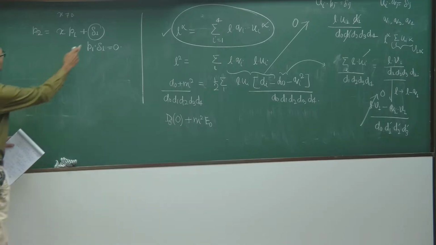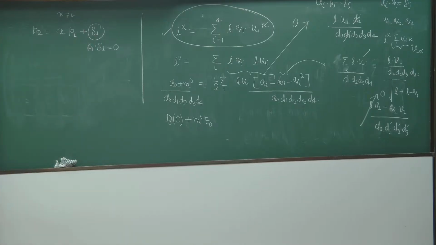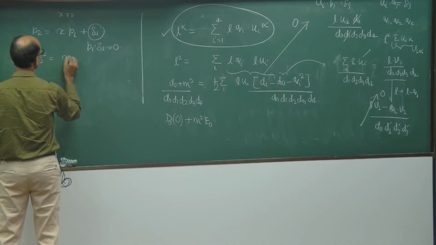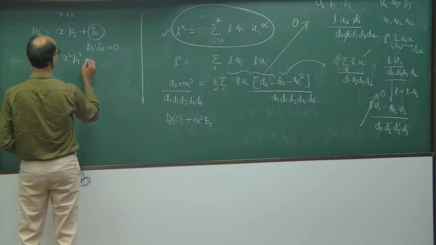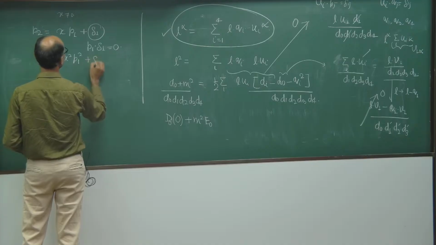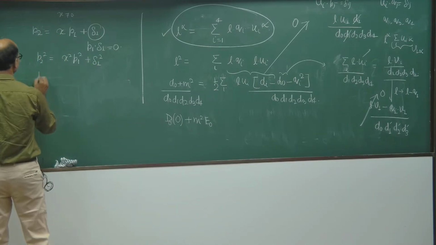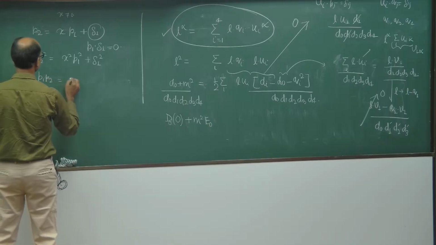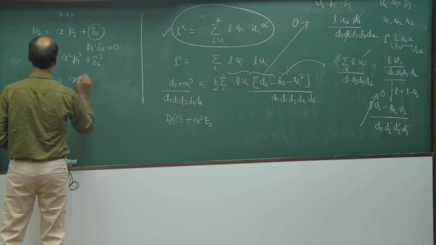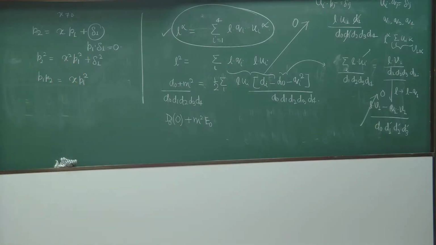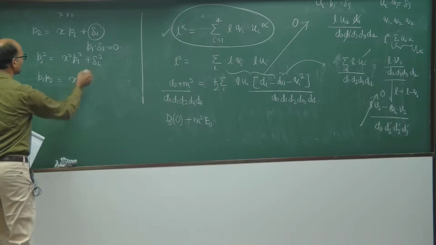This is a small orthogonal part that I have introduced to describe the situation of near linear dependence. So with this, what would P2 squared be? P2 squared would be x squared P1 squared plus delta perpendicular squared, and the cross term would be 0. And what is P1 dot P2? P1 dot P2 would simply be x P1 squared. This is fine, right? Because P1 dot delta perpendicular is 0.